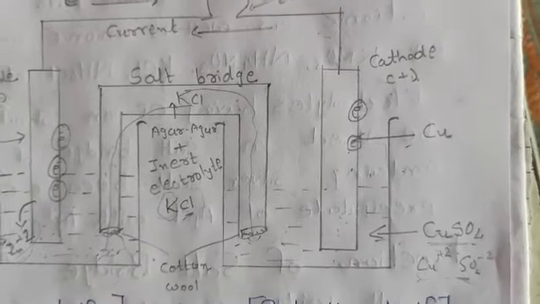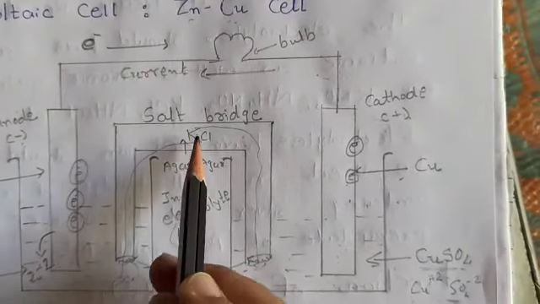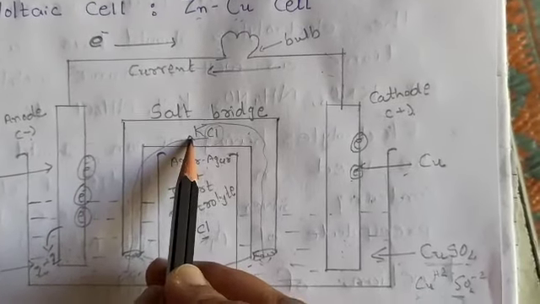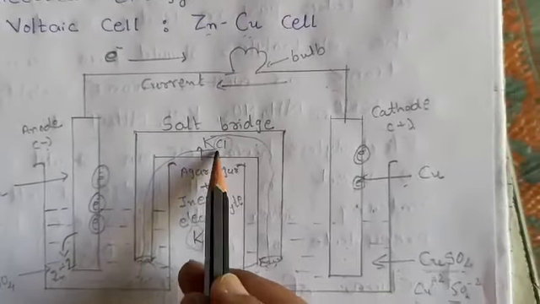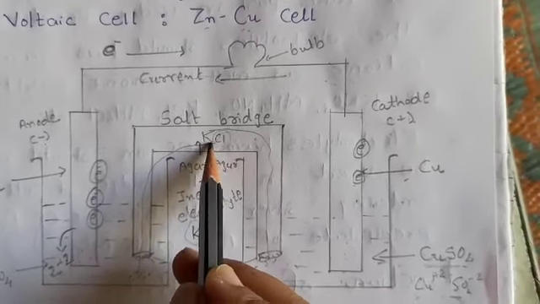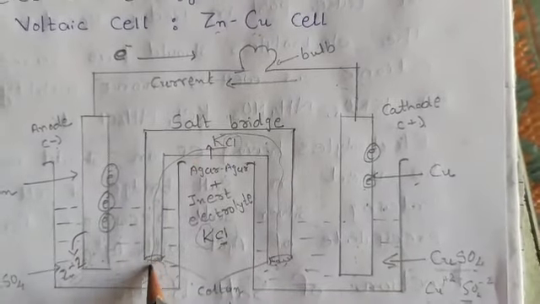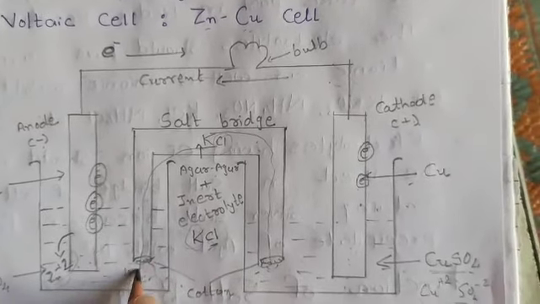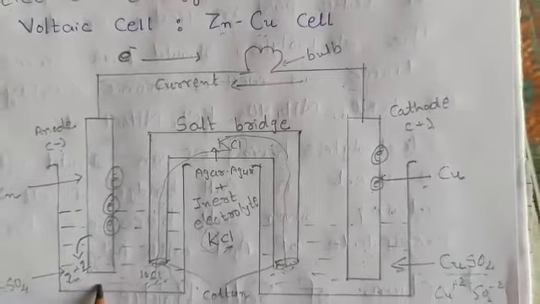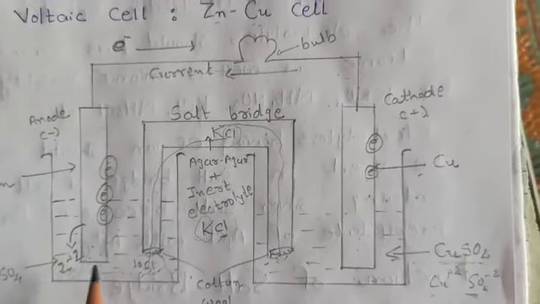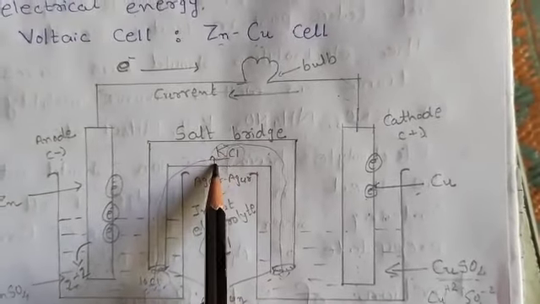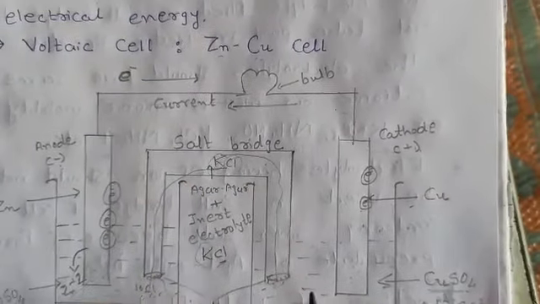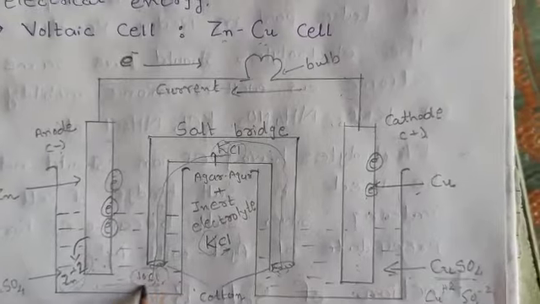If they both have different mobility, if Cl has more mobility than potassium, Cl will reach here faster than K. Suppose 10 Cl reach and neutralize the Zn solution, but the mobility of potassium is low, so it travels slowly.